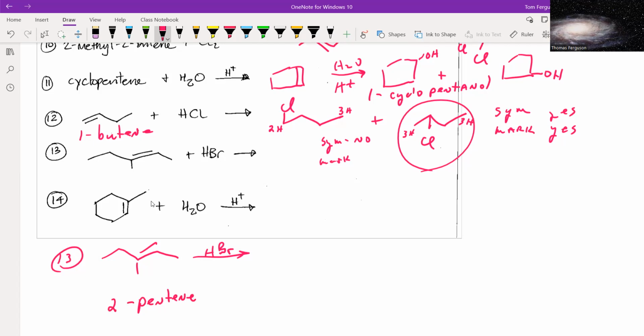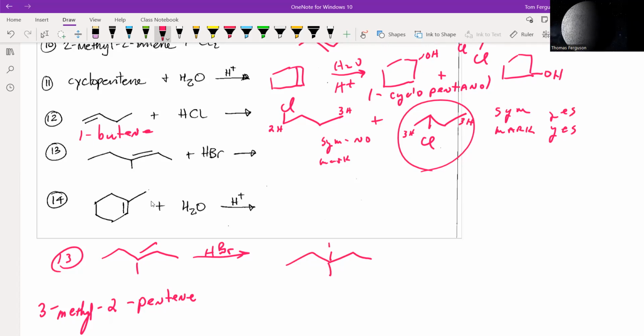Then we have a methyl group on carbon number 3. So we're starting numbering right to left. So we're going to get a mixture because again, HBr is heterogeneous. I'm going to get a Br here. And a Br here.